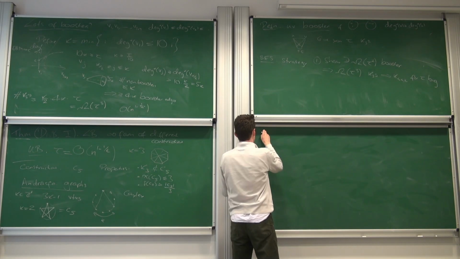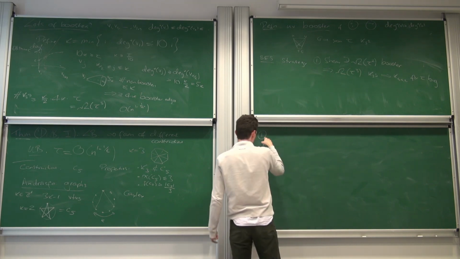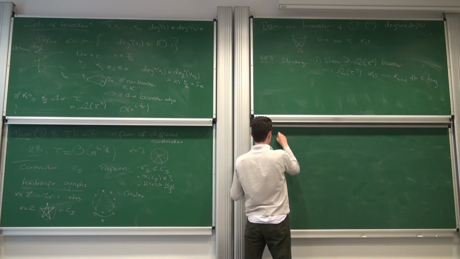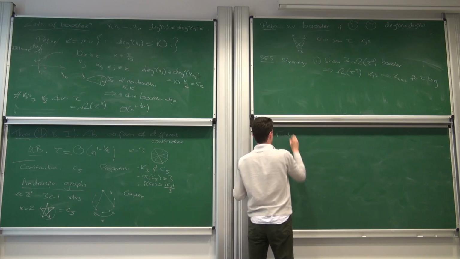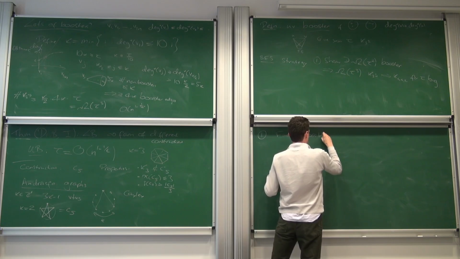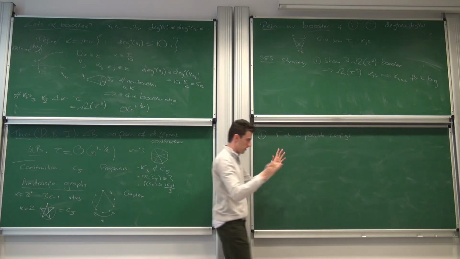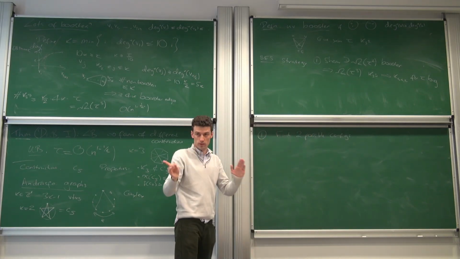Our strategy is to understand where the boosters are, and step 1 is we find 2 possible configurations. So we show that in our graph there must be one of the following 2 things.